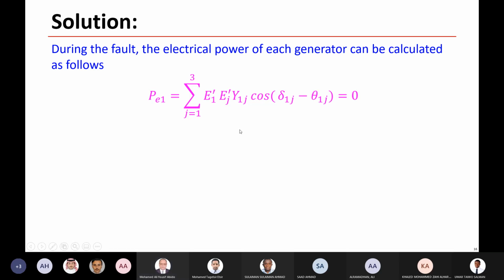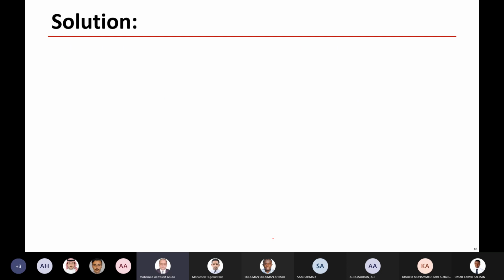Wow. Why is this equal to 0? What do you think? Should we calculate, or can we directly write it down as 0?